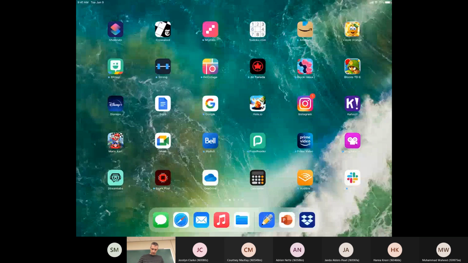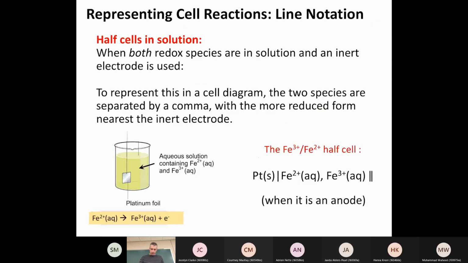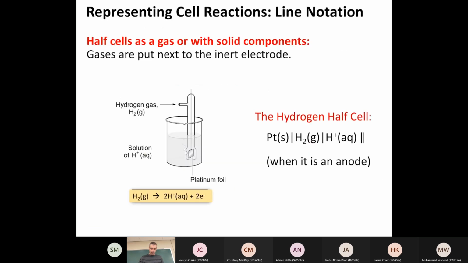Cool. Now, the next couple of slides are all just exact repetition of what I just told you. This is explaining the cell notation. This is explaining one where you have multiple ions in solution, the iron 2 plus, iron 3 plus.